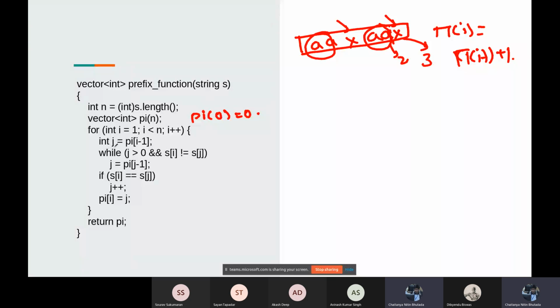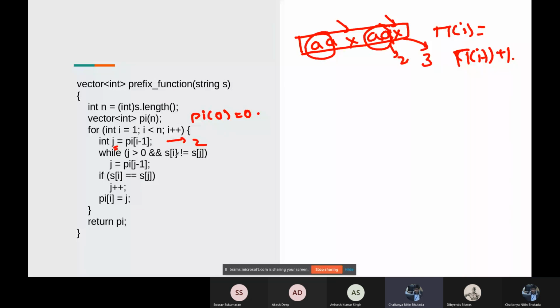So we first take j equal to pi I minus 1. In this case it was 2. So we keep on going till we find there is no such block which can be taken.